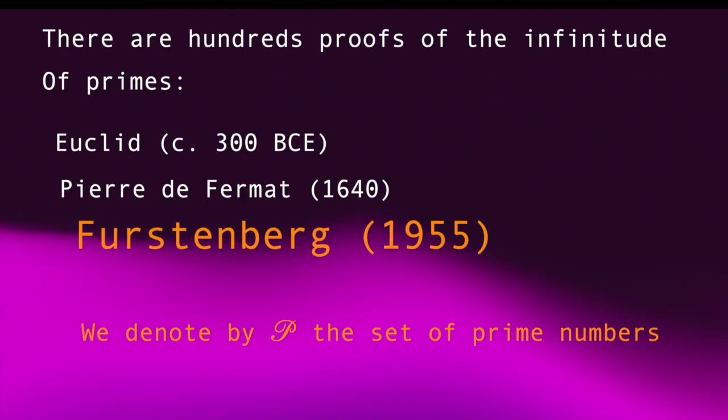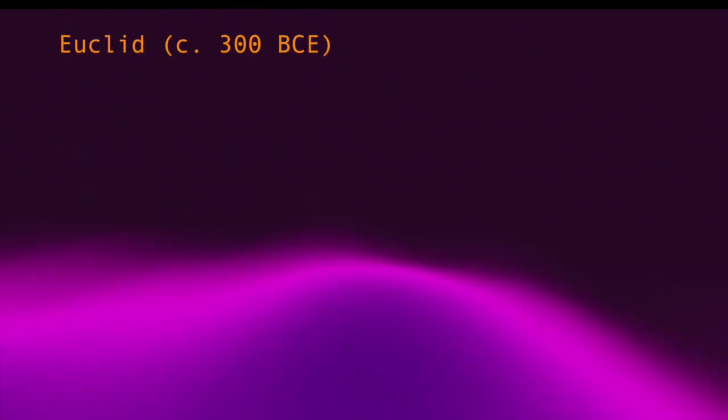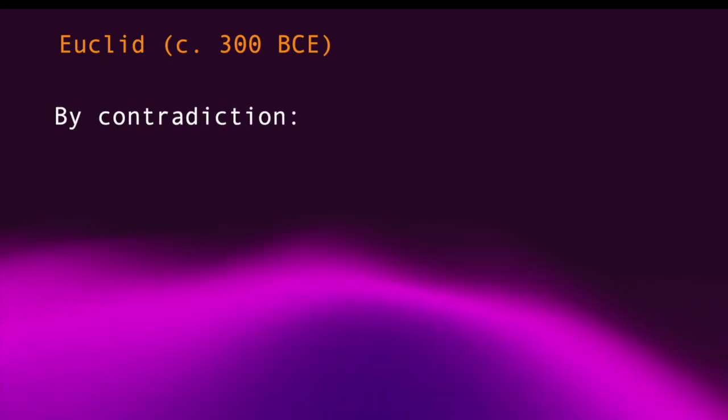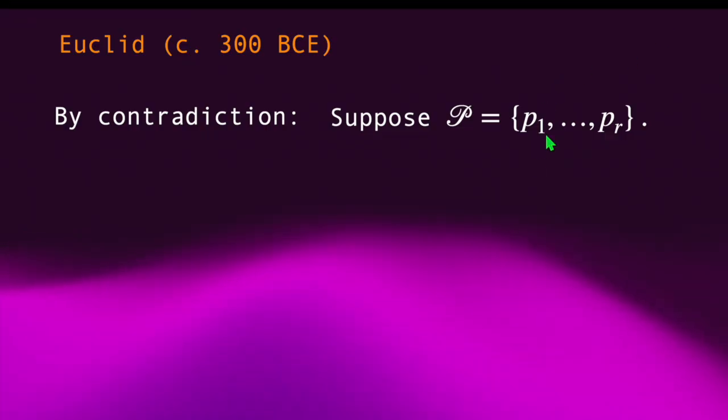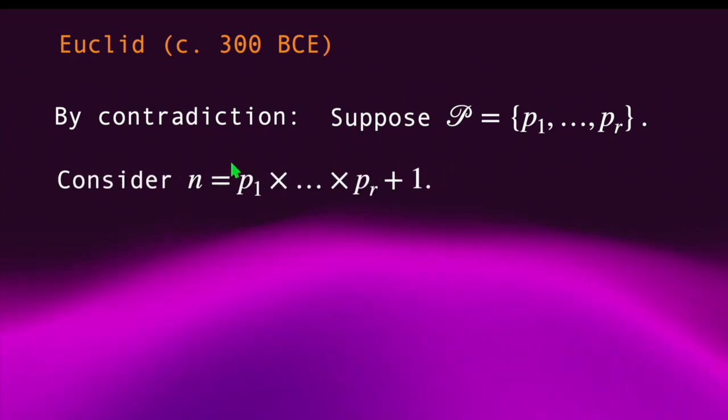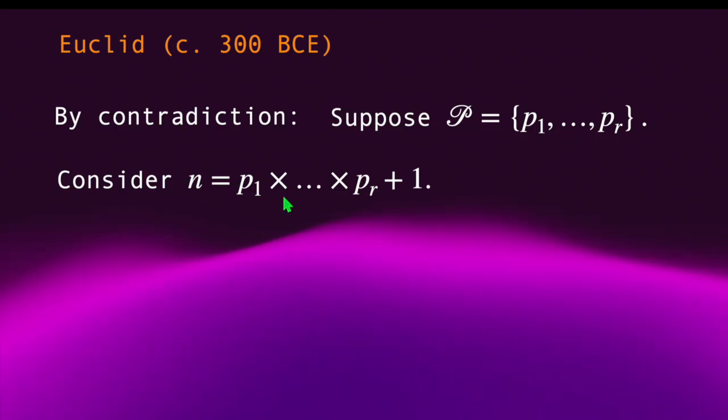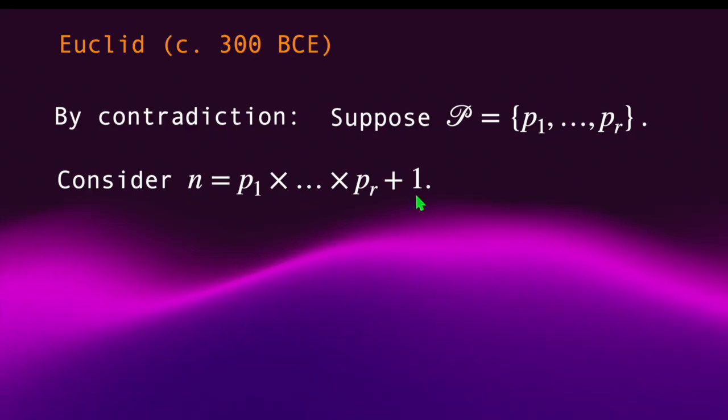So let's start. We denote by capital P the set of prime numbers. Euclid's proof is so easy, it's by contradiction. We suppose that the set of prime numbers is finite, equal to p1 through pr. And we consider this natural number n, p1 times p2 times up to pr, plus 1.